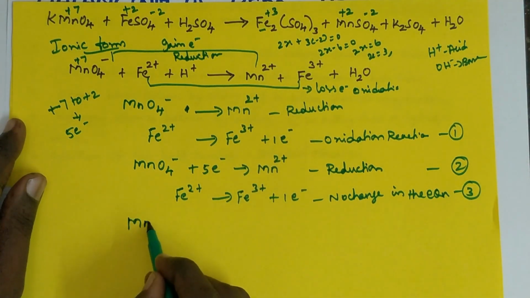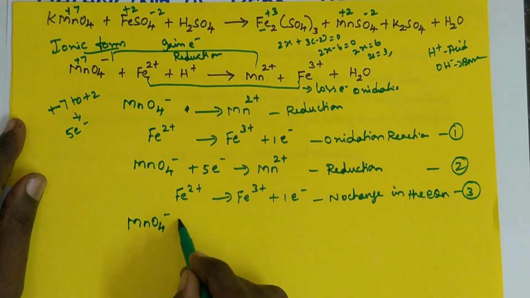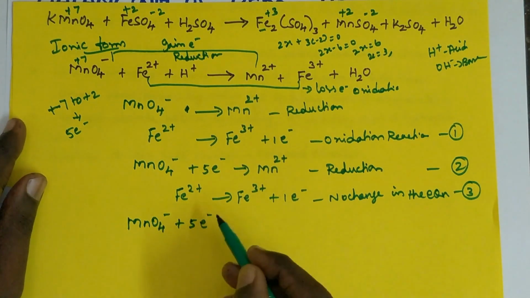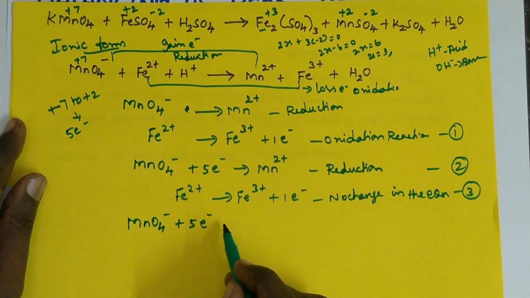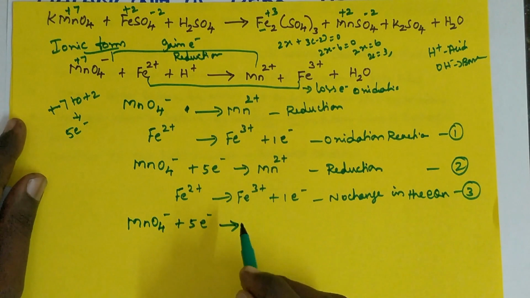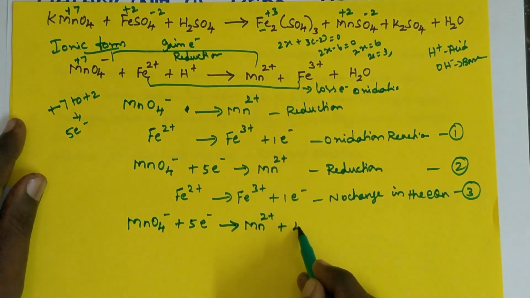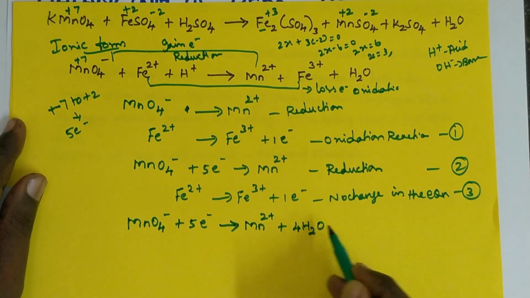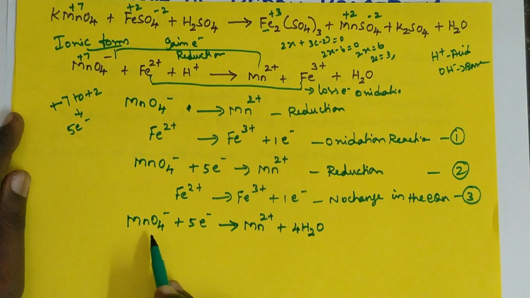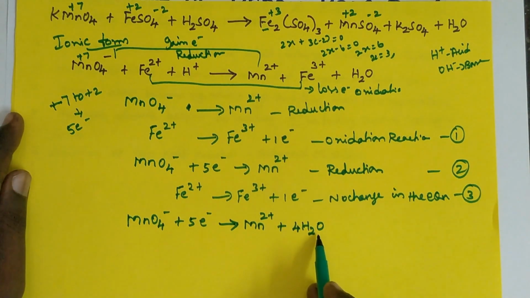So MnO4- plus 5 electrons gives Mn2+ plus 4 H2O. So 4 water molecules are added.